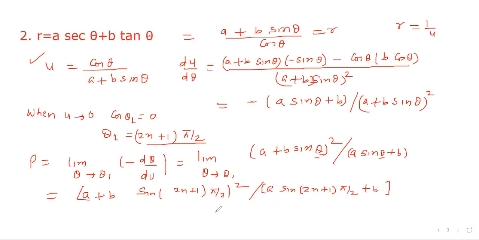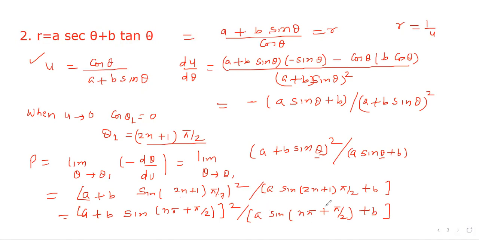Now, let's take this pi by 2 inside. So it will become a plus b sine, 2 will cancel out and we will get n pi plus pi by 2, and then whole square divided by a sine n pi plus pi by 2 plus b.